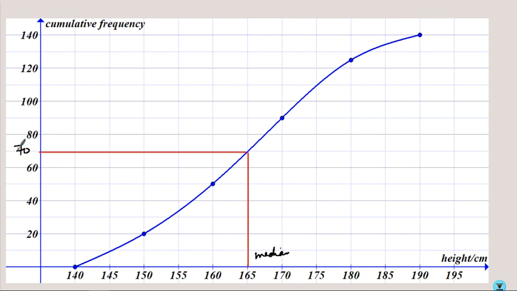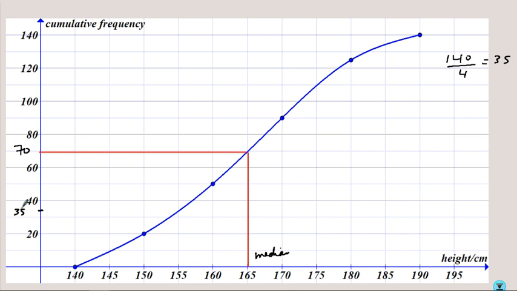To find the quartiles, the same process is done. 140/4 is 35. So the lower quartile, or the first quartile, can be calculated from the height of the 35th person.